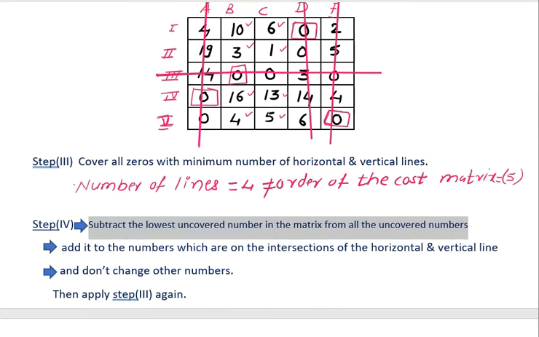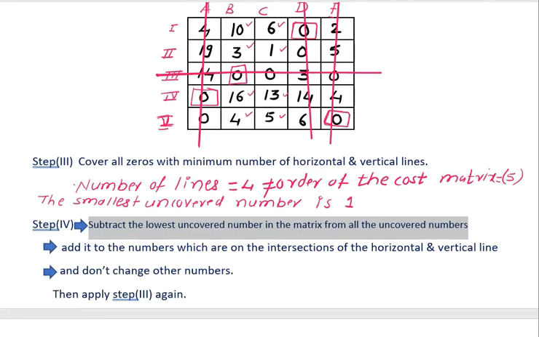So 1 is the smallest uncovered number. We have to subtract it from all the uncovered numbers, that is, from 10, 6, 3, 1, 16, 13 and 4, 5.